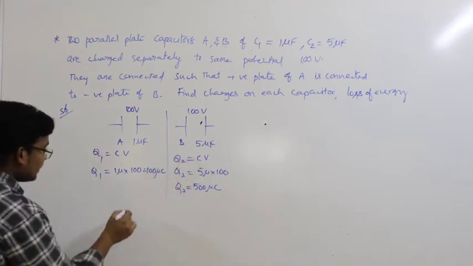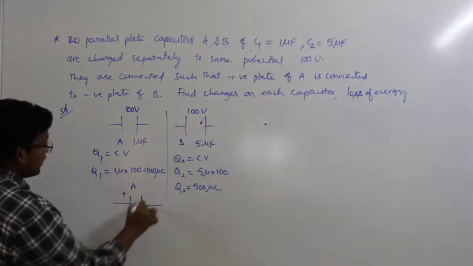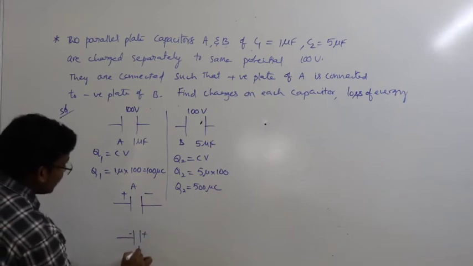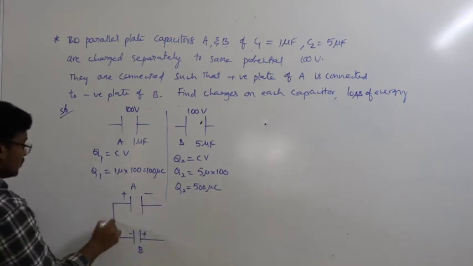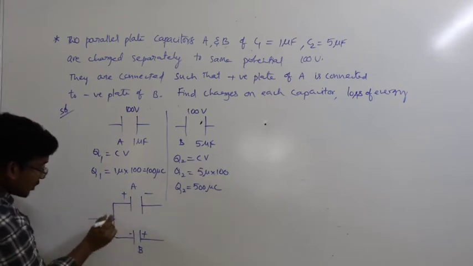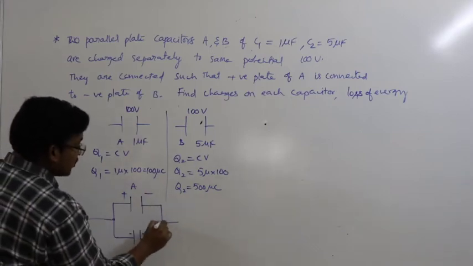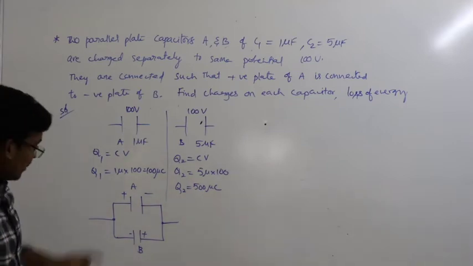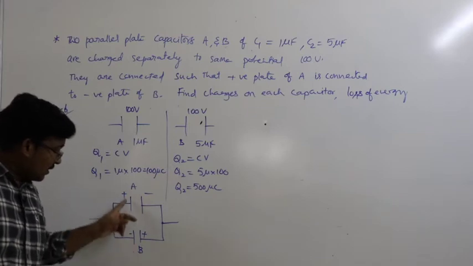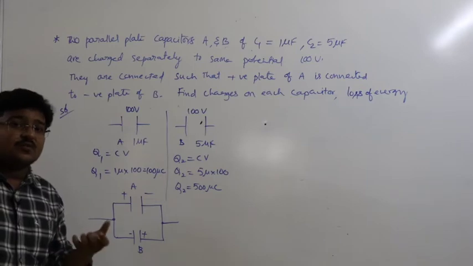Means I can say that this is capacitor A whose positive plate is this one and the negative plate is connected to the negative plate of B. So the positive plate and negative plate are connected to a common point, and this negative plate and positive plate are connected to the common point. And you know that when the plate ends are connected to the same end points, they are connected in parallel because their potential difference is 0.